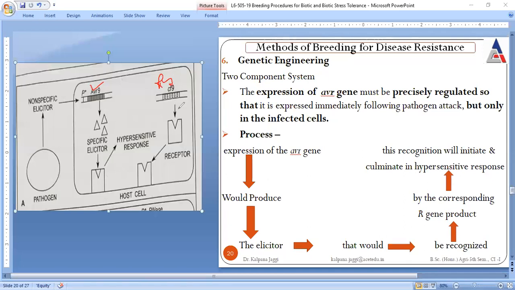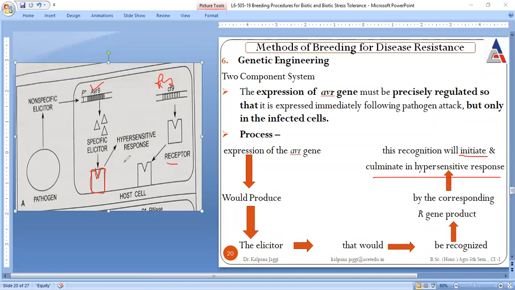This is the R gene receptor. If the elicitor fits into it, that means it is easily recognized, right? And after the recognition, it will initiate and culminate in a hypersensitive response.